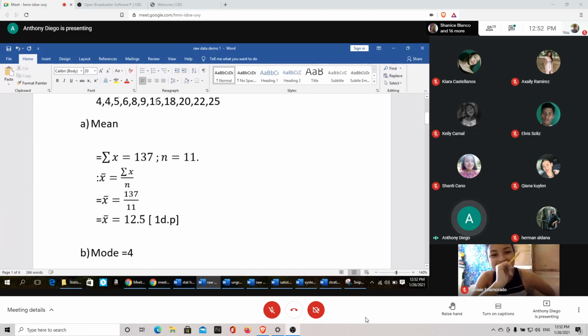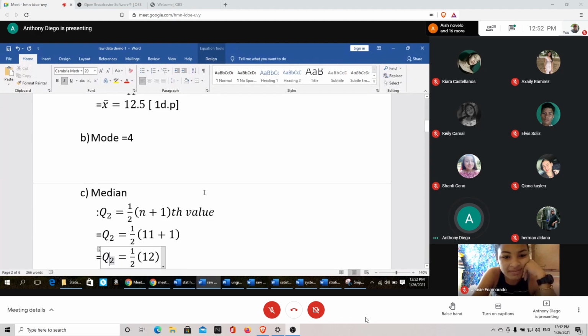So we have to have an equal number of observations after it and before it. So we have 5 observations here, and here we have 5 observations. 9 is a centralized value. It's the 6th value: 1, 2, 3, 4, 5, 6. So Q2 is 9.